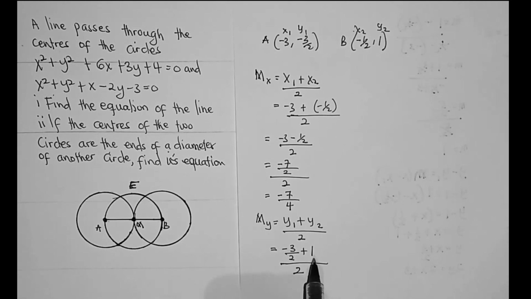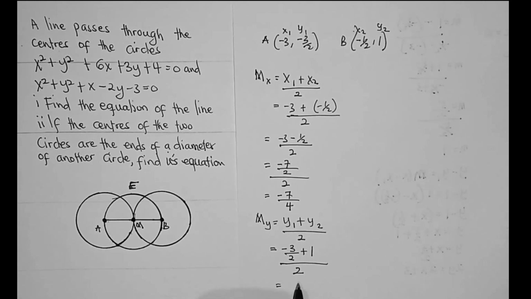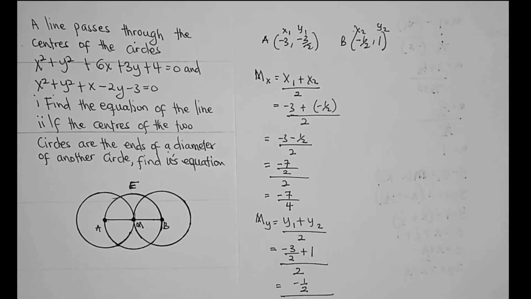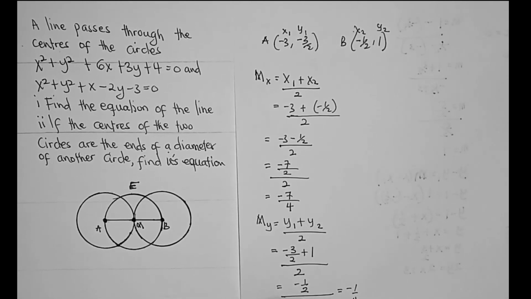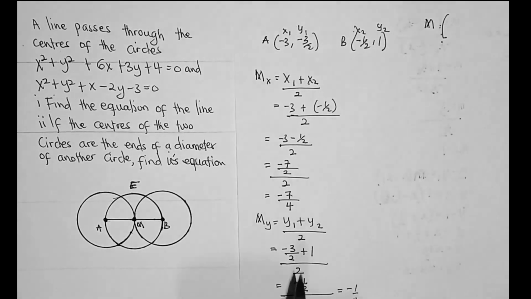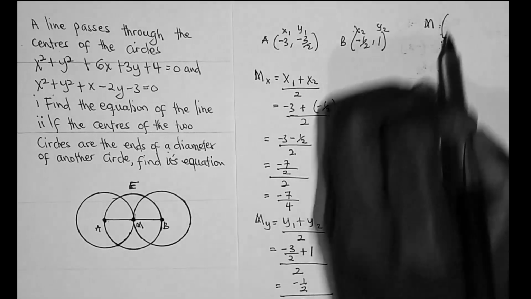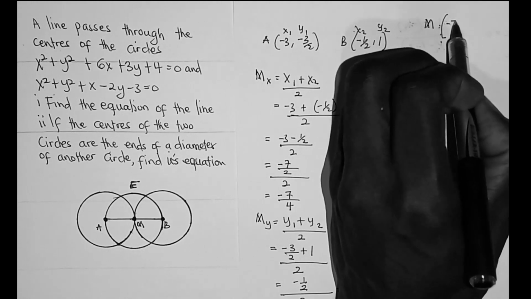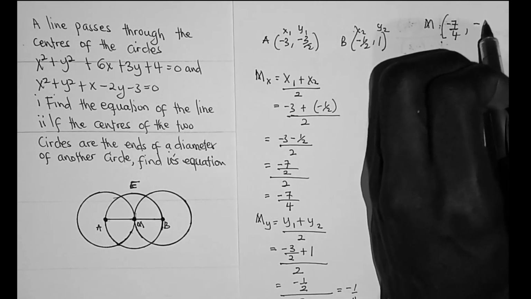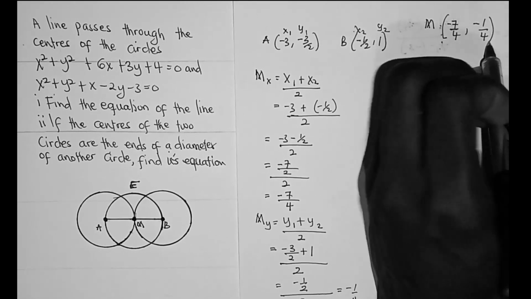So 2 times 1 is 2, plus minus 3 becomes minus 1 over 2, all divided by 2. And then this is equal to minus 1 over 4. So the midpoint M is the x component, which is minus 7 over 4, then the y component is minus 1 over 4.